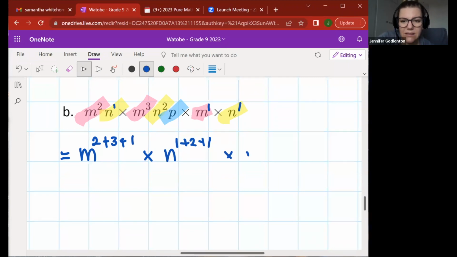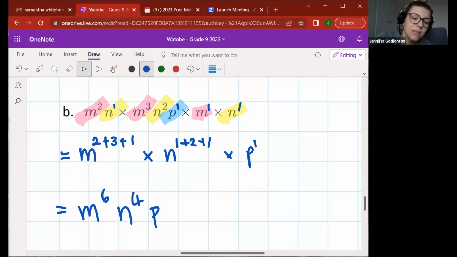And then our P's, we've just got the 1. So what that lands up being is m to the power of 6, n to the power of 4, and p, you can say p to the power of 1, or you can just say p. It doesn't matter. It means the same thing. How did this question go? Have we made progress? Did this feel easy now? Let me know how this question went, and then I'll try and answer some of these questions.